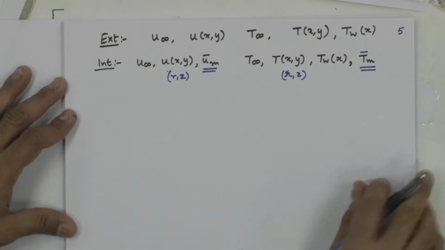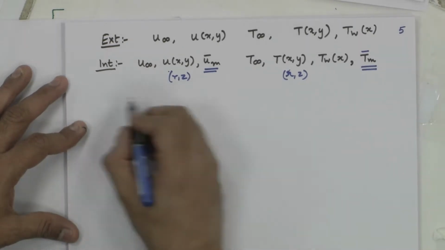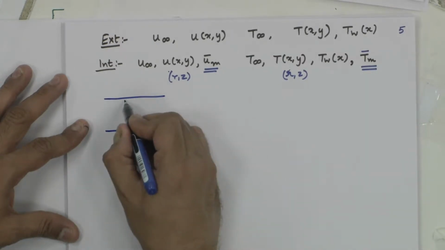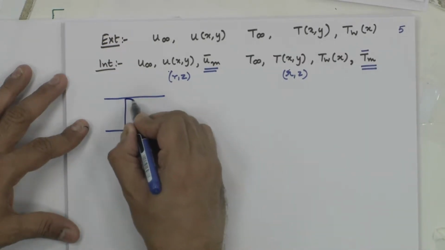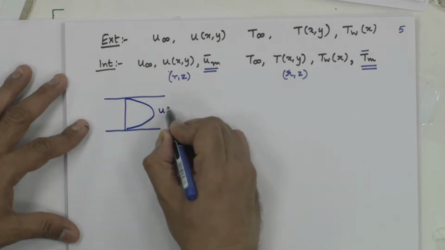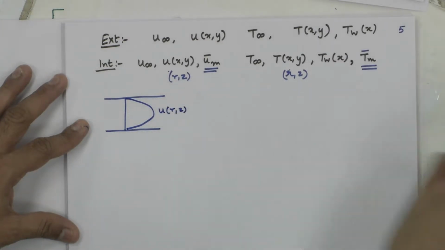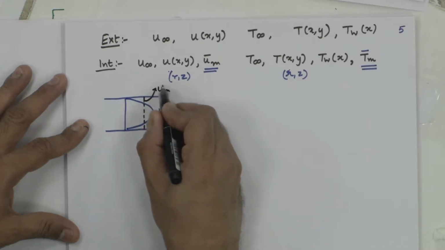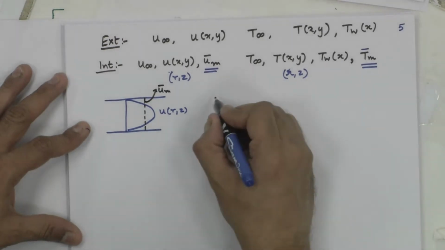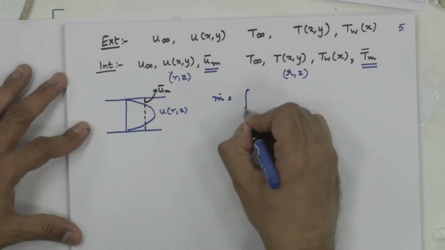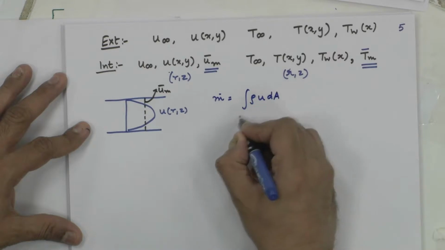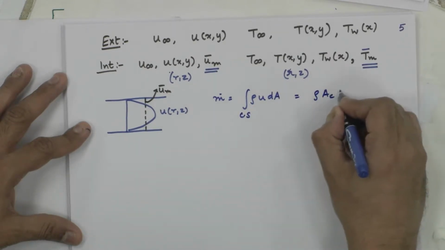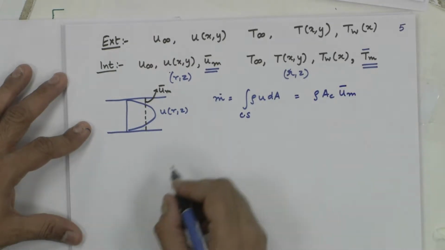What are these quantities? In your fluid mechanics, you would have started off the definition of bulk mean velocity by equating the mass flow rates. So, if this is the velocity profile u of r comma z, and this is the average or the bulk mean velocity, which is given by u m bar, you would say m dot, which is evaluated either as integral rho u dA over the cross sectional area, is nothing but rho times the actual cross sectional area times bulk mean velocity.